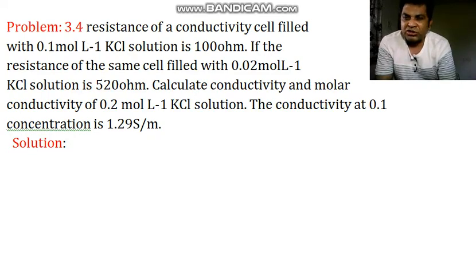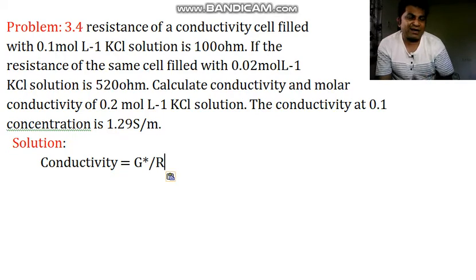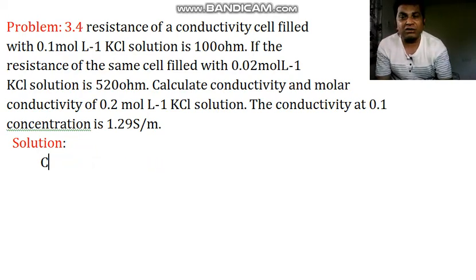Okay. So in the previous lecture we talked about conductivity, molar conductivity, as well as resistance and cell constant. Let me remind you: the conductivity kappa can be denoted by G star upon R, where G star is nothing but the cell constant.